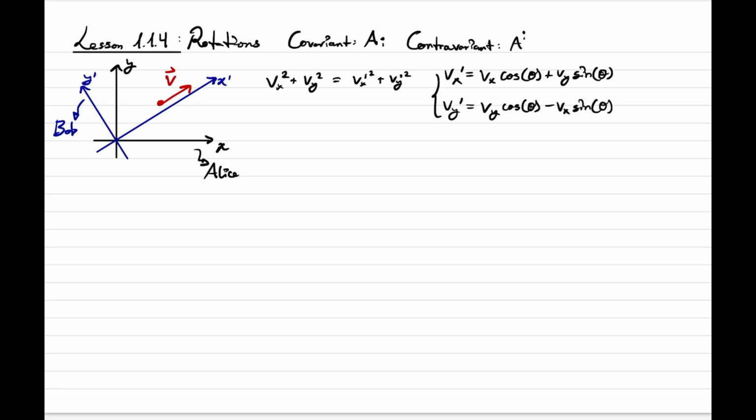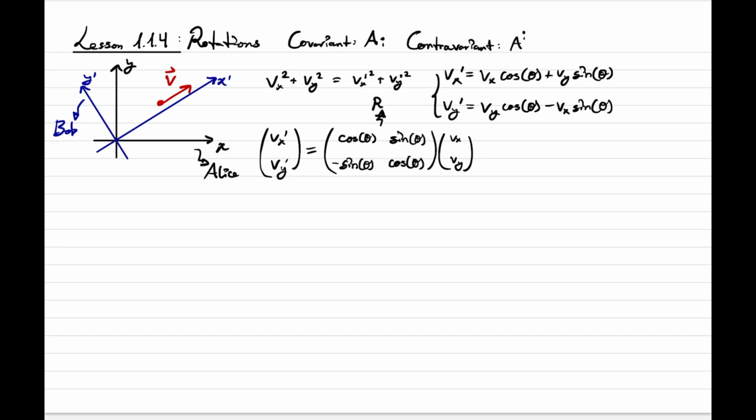We're going to write this into matrix notation, where the vector components are going to be column vectors, and we are going to find a new matrix. So this matrix right here, which is formed by cosines and sines, is what we are going to call the rotation matrix. Okay, this is going to be the matrix R.